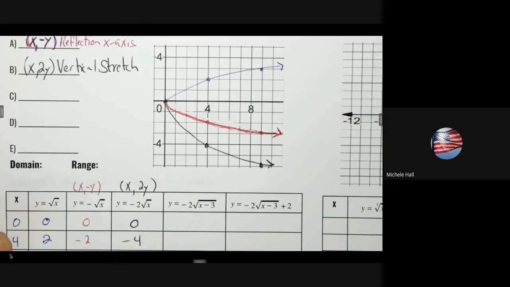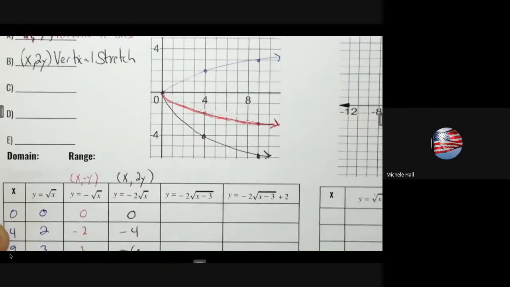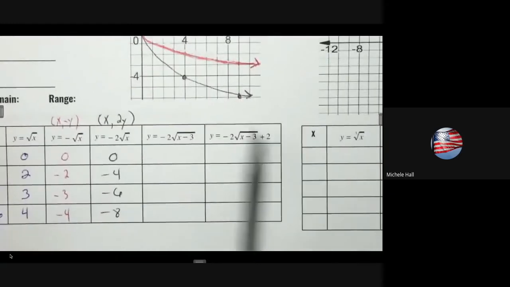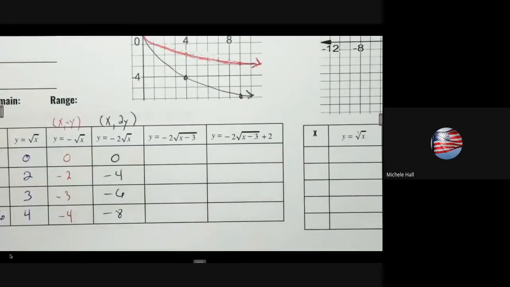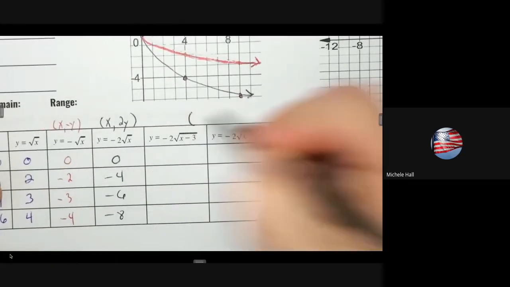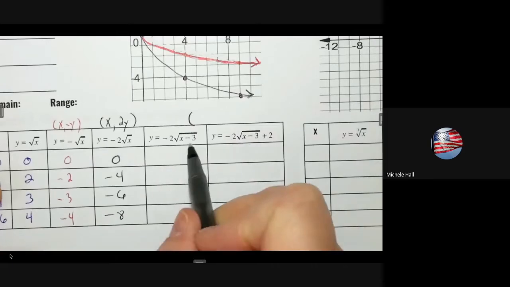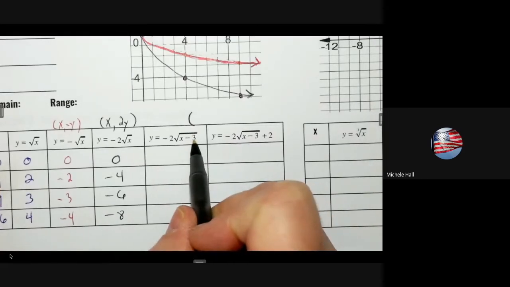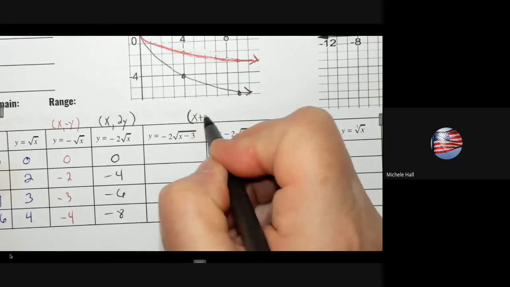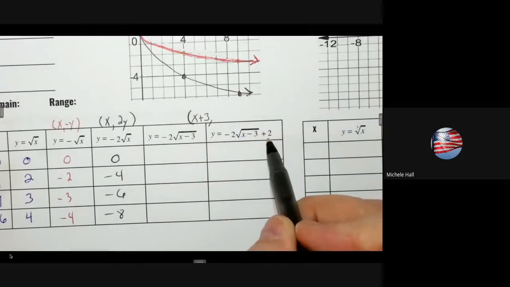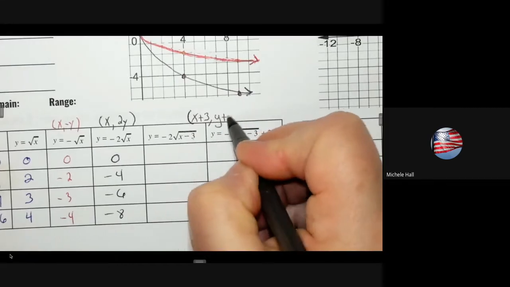And now at this time, I am going to do the horizontal and vertical shift at the same time. It's being shifted to not -3 for x, but it's being shifted to 3. So I'll be adding 3 to my x's, and I will be adding 2 to my y values. Here's my h, k, and I'll be adding 2 to the y values.